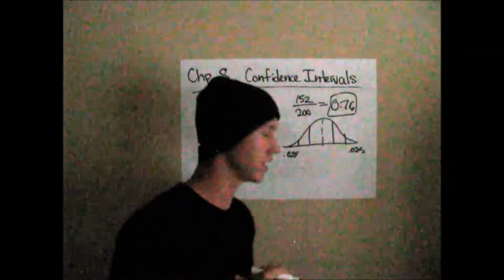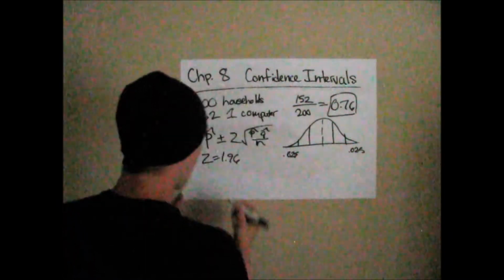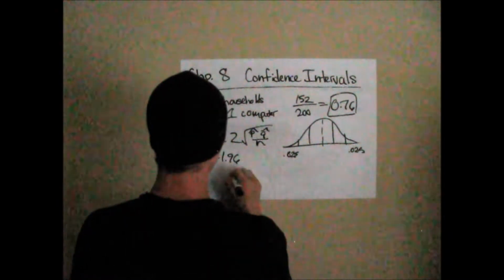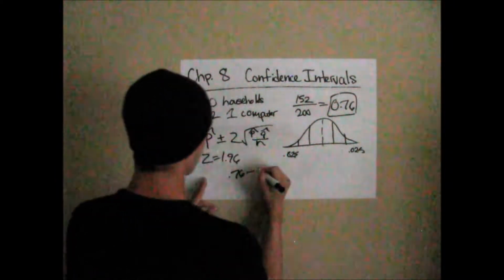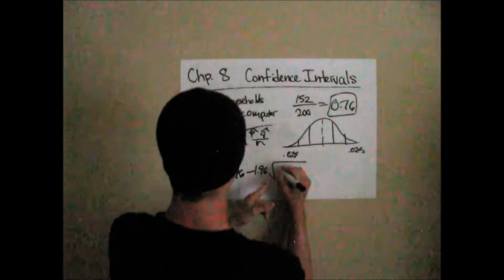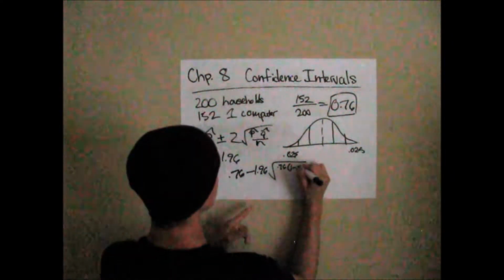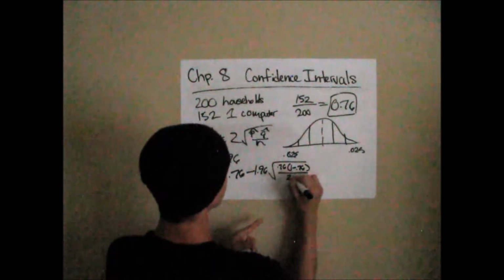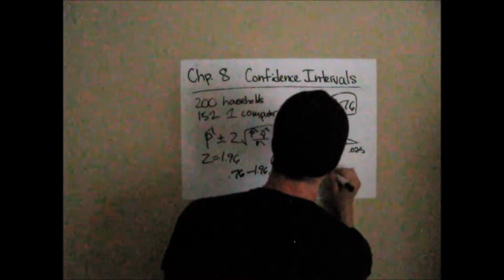Now all we have to do is plug everything into the problem. We have 0.76 minus our z, 1.96, times the square root of 0.76 times 1 minus 0.76 all over 200, and that computes to be 0.701.